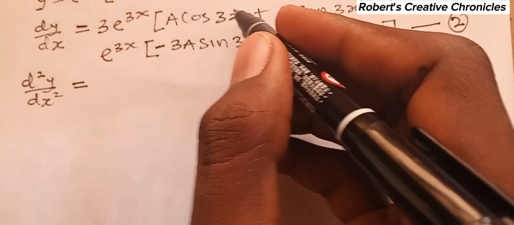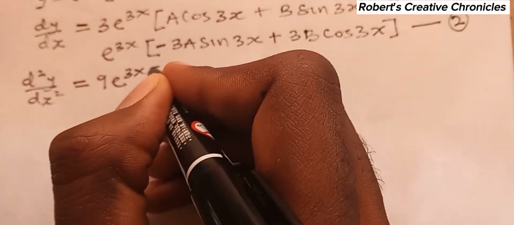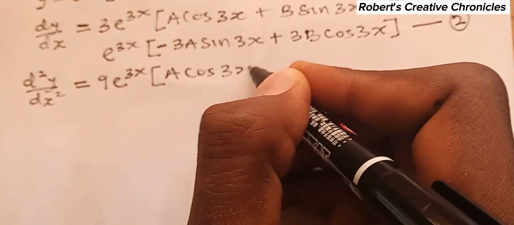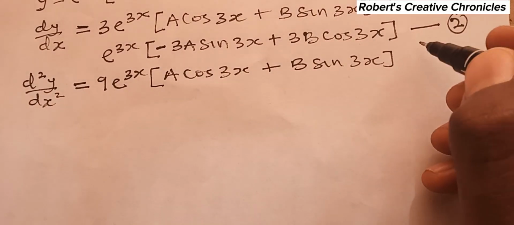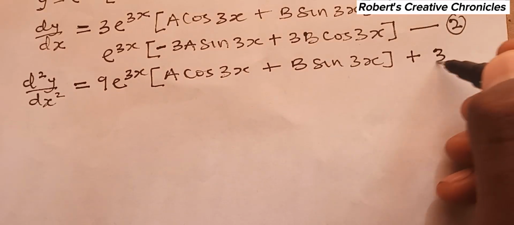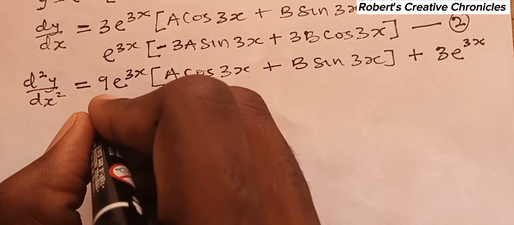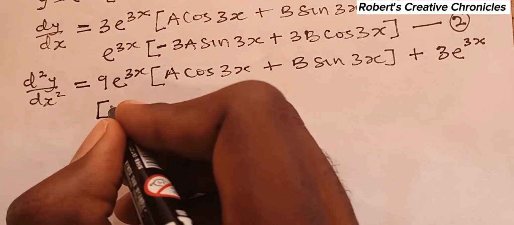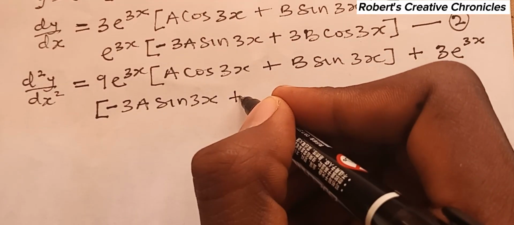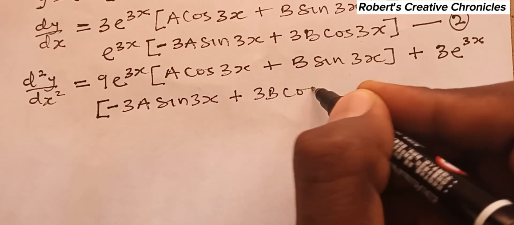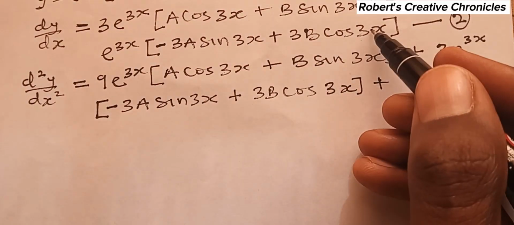So let's start with this: 9e^(3x)(a cos 3x + b sin 3x) plus 3e^(3x)(minus 3a sin 3x plus 3b cos 3x) plus, now let's find the derivative of this one.